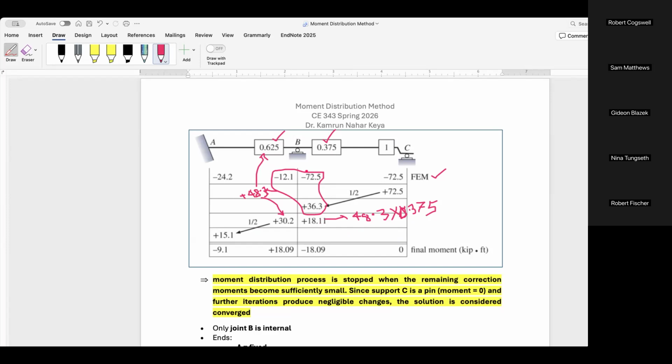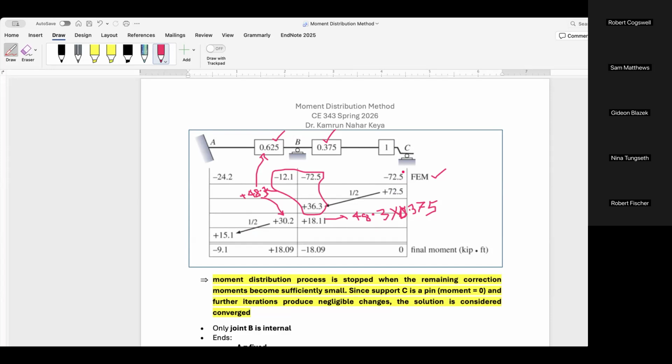And now for this one, the summation 48.3 with distribution factor 0.625, you will get 30.2. It's carry over half. So did you notice that in the previous math, for joint B, it was the same distribution factor. So we are using the same value. That time I was saying, what if there will be different? If it's different, we are going to use this type of thing.